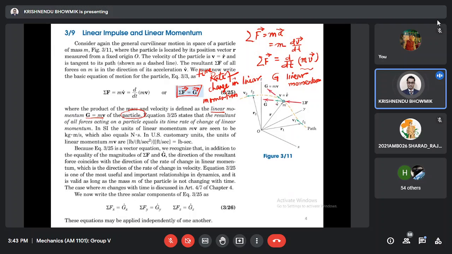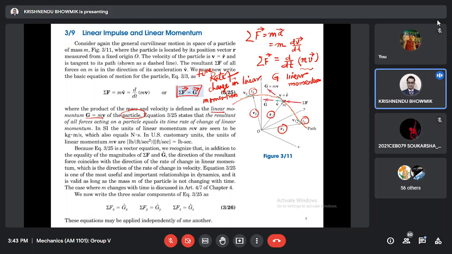Here is how we can show it. Say this is the path of the particle. At time t1, position vector r1; at time t, position vector r; at time t2, position vector r2.